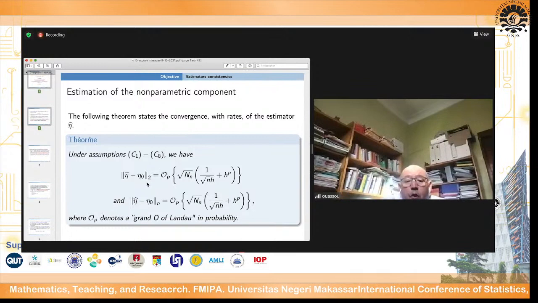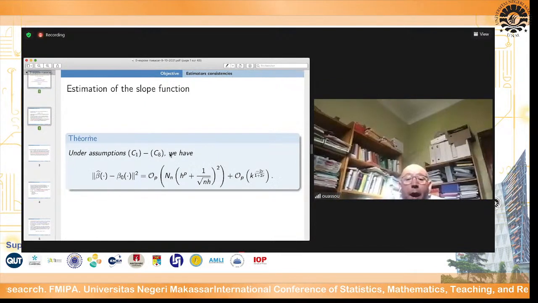Here we have the norm 2 and the norm n. The second theorem is, under assumptions C1 to 8, we have the convergence in normality of beta, the second norm of beta is equal to this quantity.